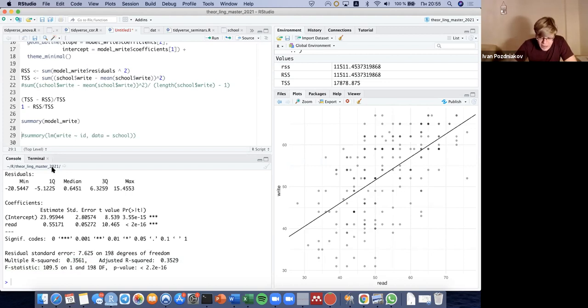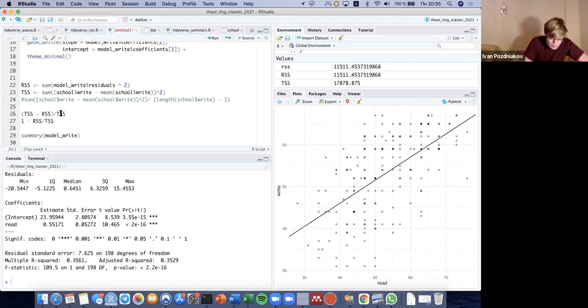So, okay. And now we can return to the question about how it's all related to correlation. And is it related somehow at all? By the way, before that, I want to show you one more thing.